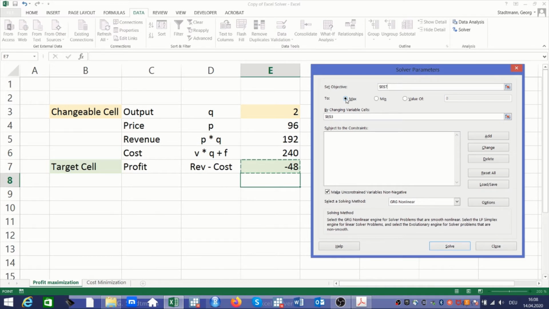We have to put the dot here at the maximization problem by changing cells. Here, Excel should play around with the quantity, and then in the end, the profit should be maximized. So now we can press the solve button, and hopefully in the end we get the result that the profit is equal to 600 units.